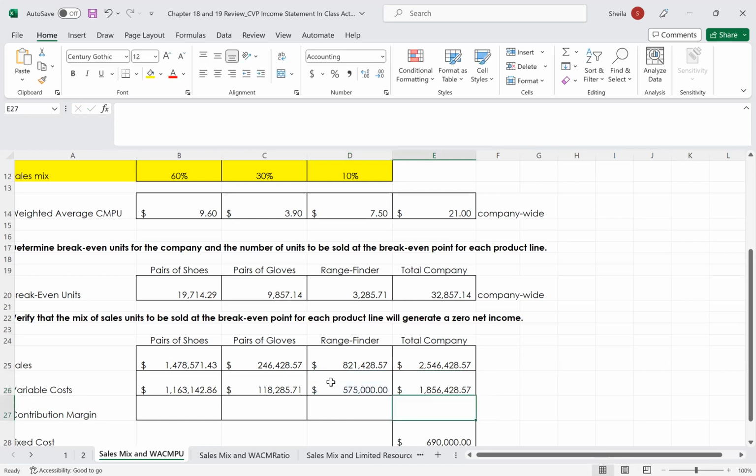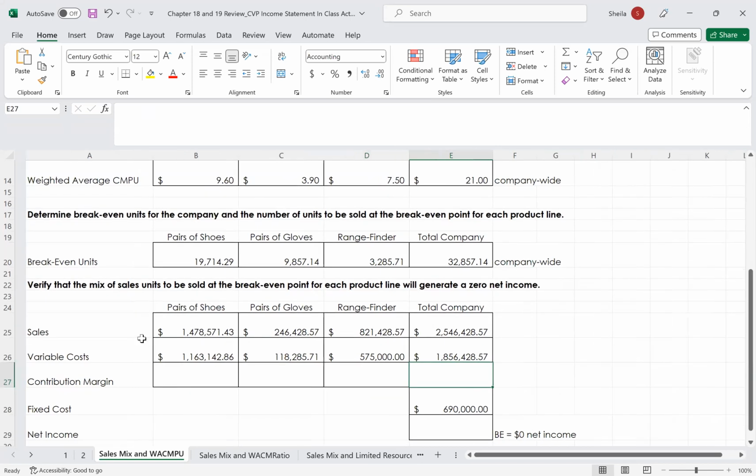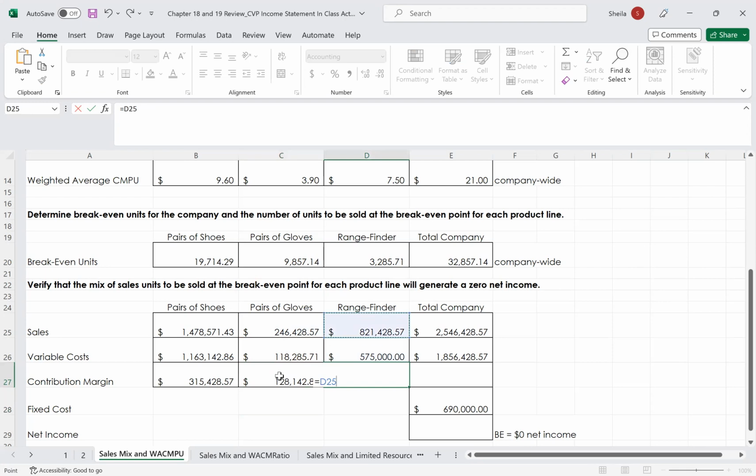Okay. Now we could do the same thing with contribution margin, or remember, sales minus variable cost gives me contribution margin. So with any luck, if I've allocated my units appropriately and calculated my sales and variable cost appropriately, I should end up with a total contribution margin.